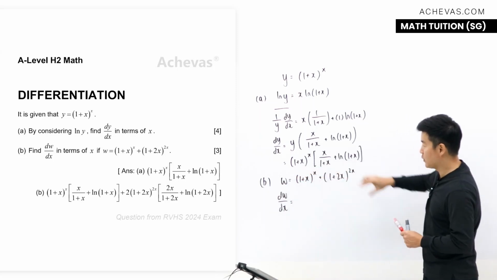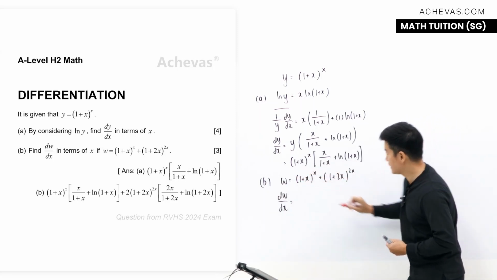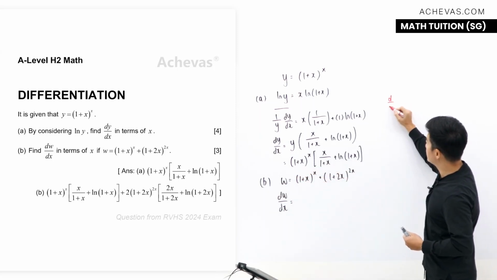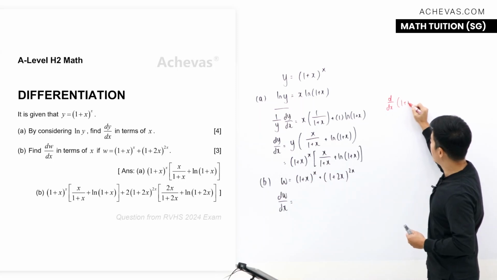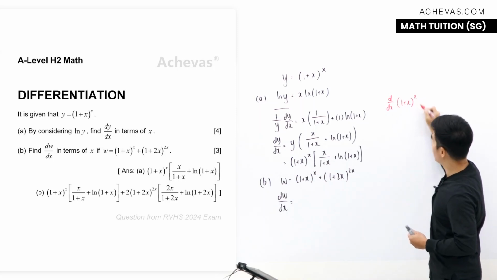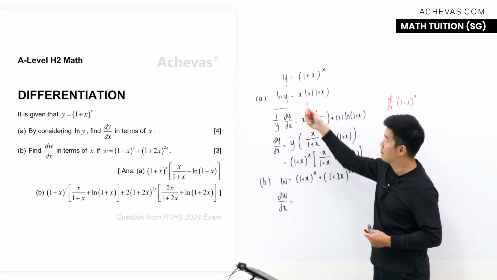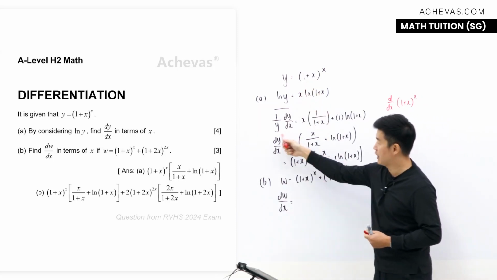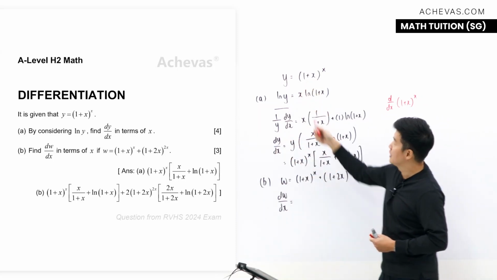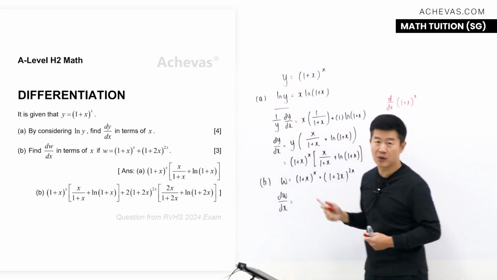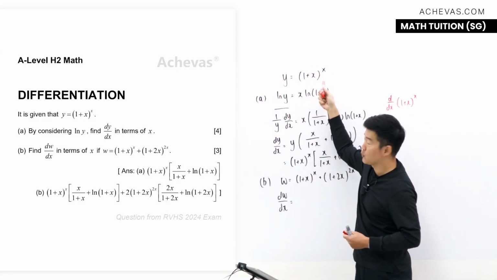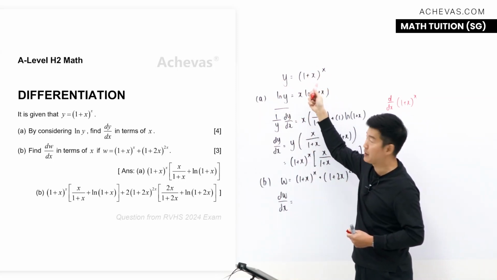So differentiating this with respect to x, for this part we are going for d dx of (1 plus x) to the power of x. It is the same as what we were trying to do in part A, when we were getting our dy dx: on the left hand side we differentiate with respect to x, and on the right hand side also with respect to x.